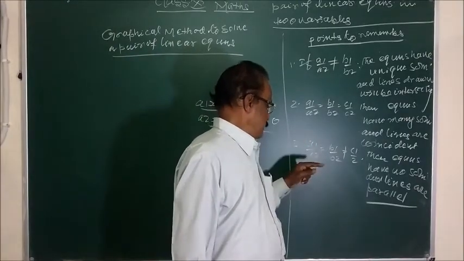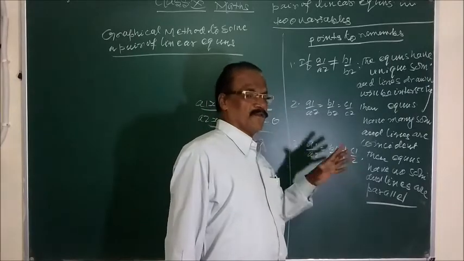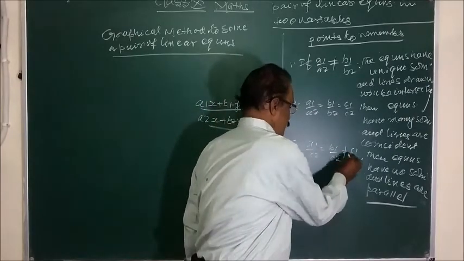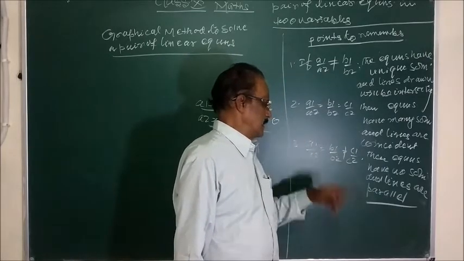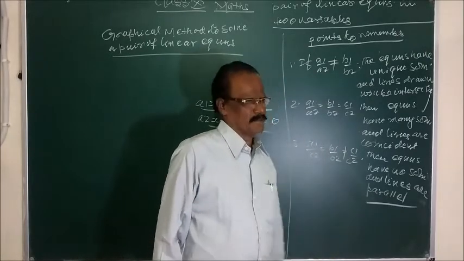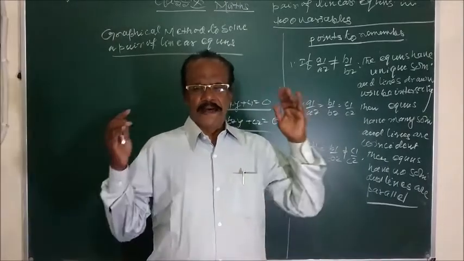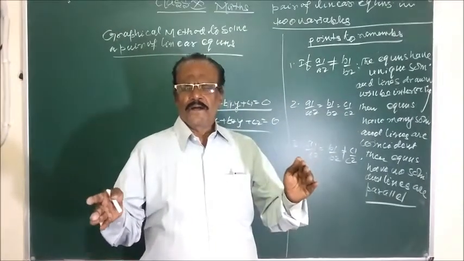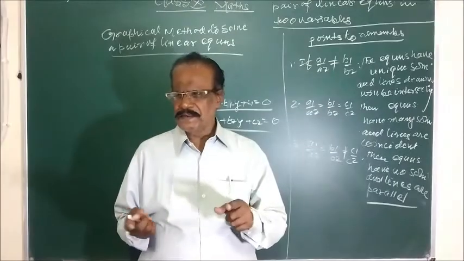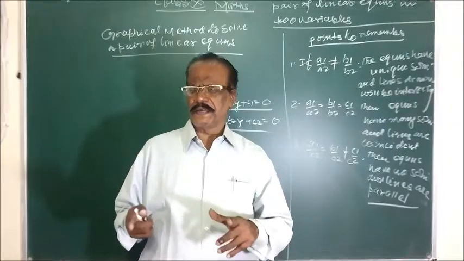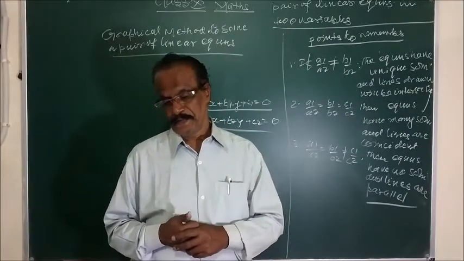And if A1 by A2 is equal to B1 by B2 not equal to C1 by C2, then you will get parallel lines. Parallel lines you might have studied in geometry. The lines which never intersect are called parallel lines.